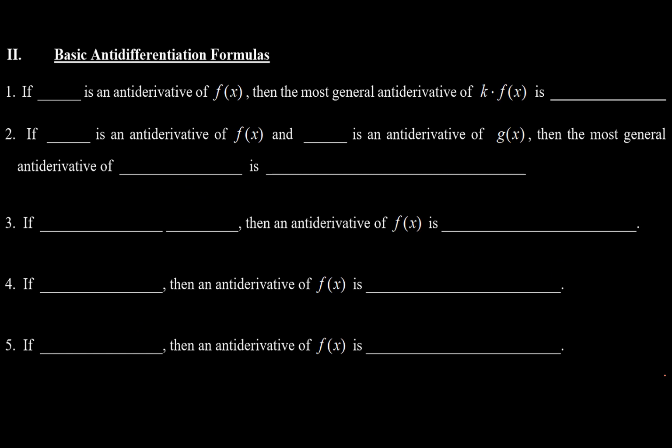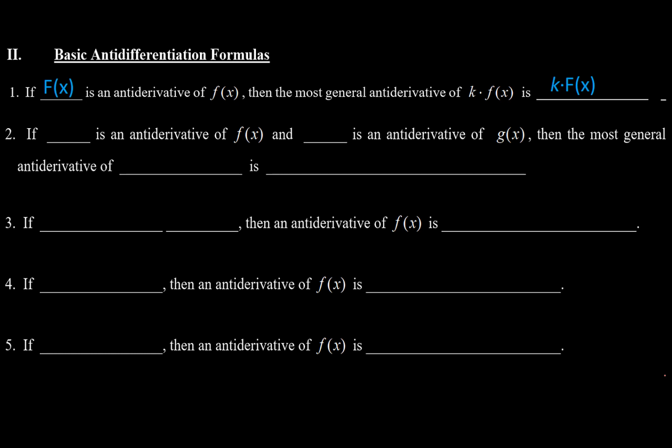Let's think about our basic antiderivative formulas. If F of x is an antiderivative of f of x, then the most general antiderivative of k times f of x is k times the antiderivative.